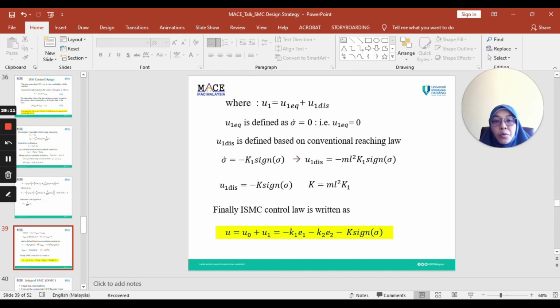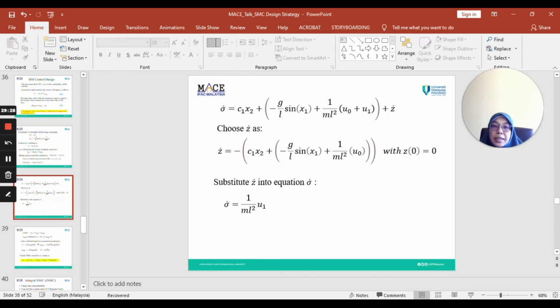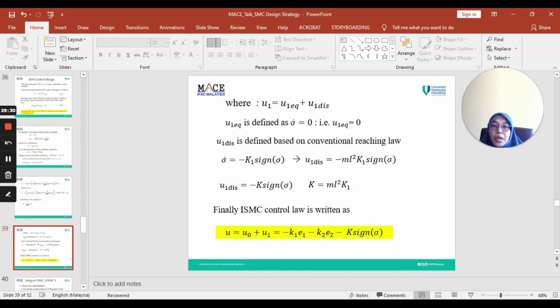We know that u1 is equal to u equivalent plus u discontinuous, where we define u equivalent when the derivative of the sliding surface equals 0. In this case our u equivalent control is equal to 0.